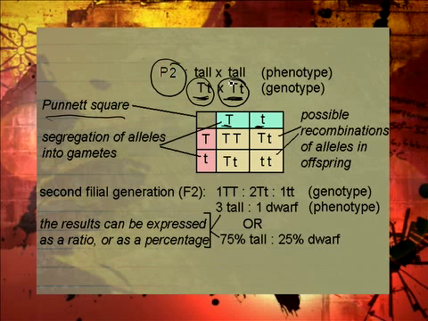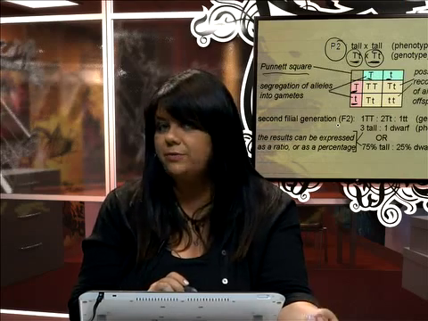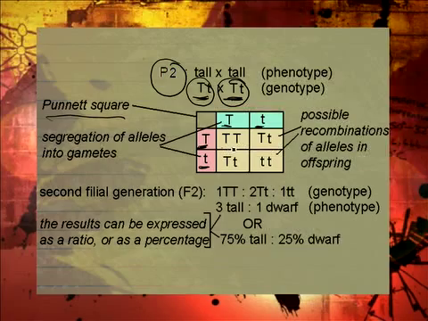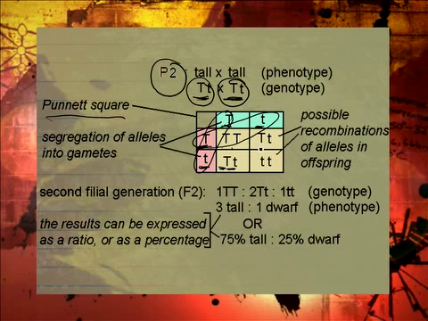You're going to take the other parent and segregate the alleles, and then you're going to do the cross. And this time you get a very different result. Capital T, capital T. If we did this cross here, capital T, small t, this cross is going to result in capital T, small t, and small t, small t.